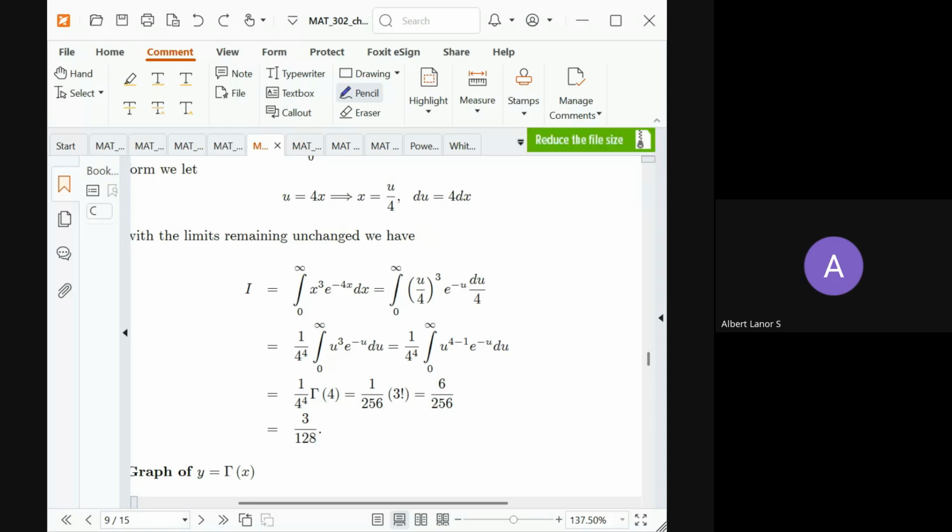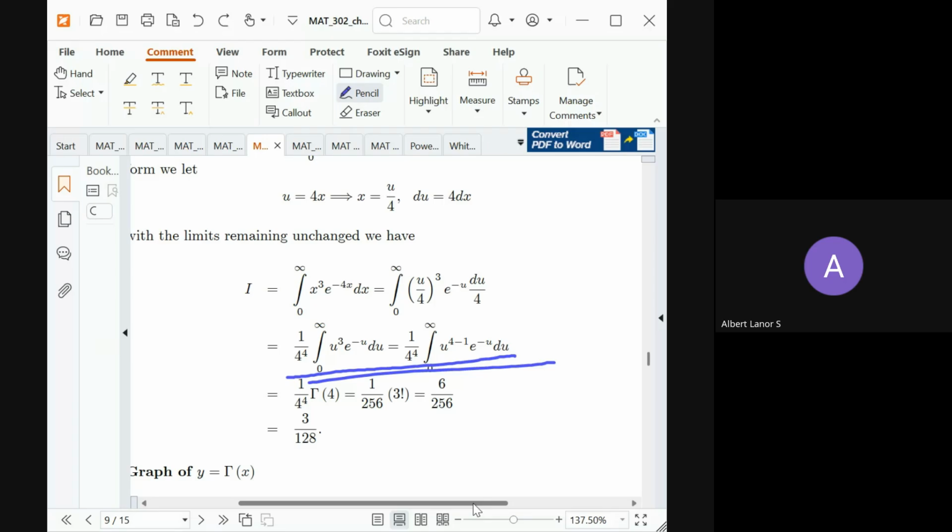So if you do the change of variable, you're going to obtain this one from 0 to infinity. Now, the 1 over 4 constant, then you're going to have gamma of 4. Gamma of 4 is 3 factorial, giving you 6 over 256. 6 over 256 is 1 over 128.